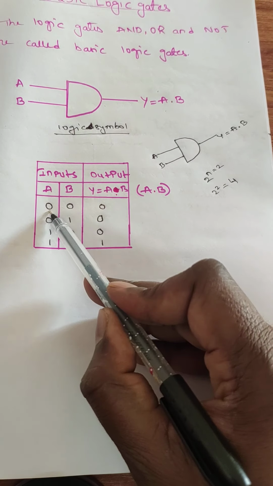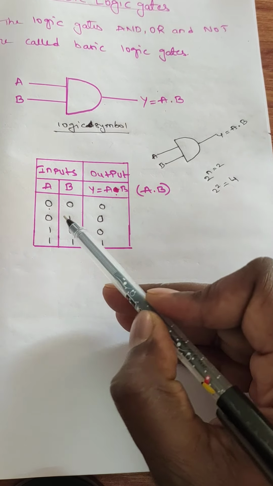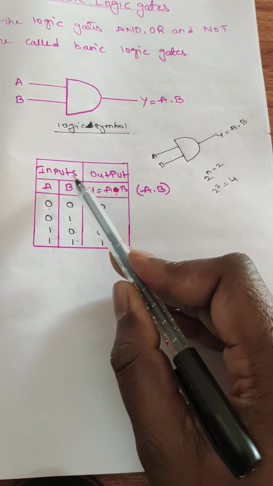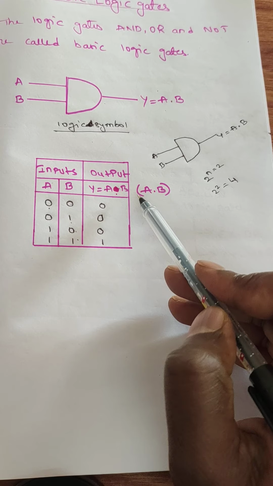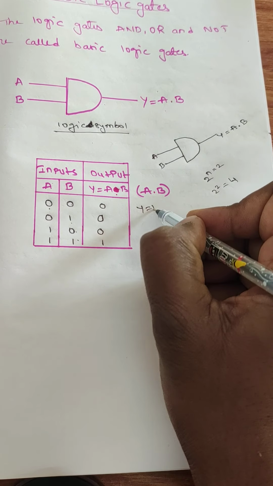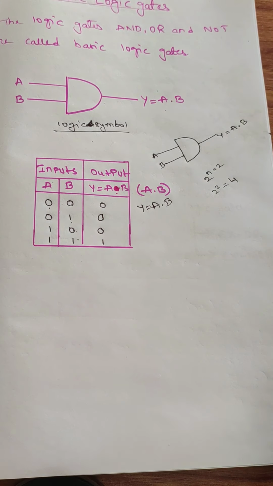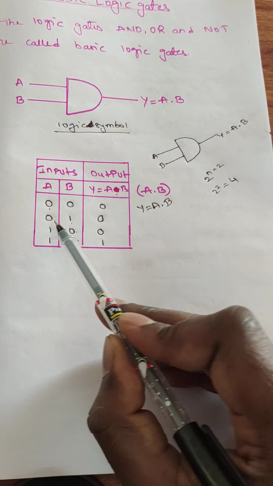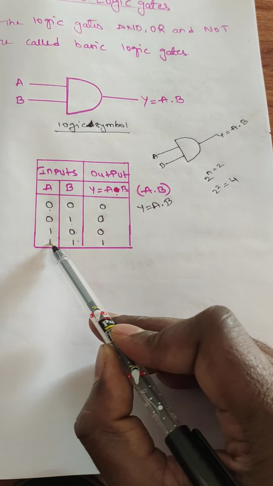They are 00, 01, 10, 11. So A and B are the inputs and the output is Y equal to A dot B, the logical AND function.